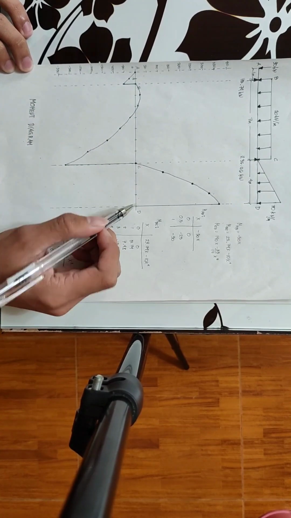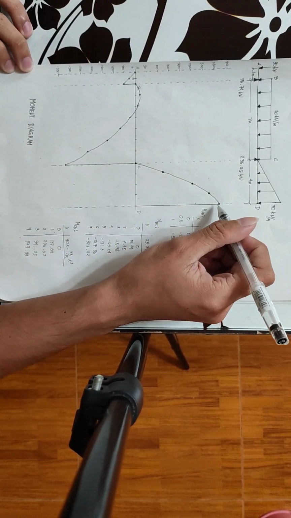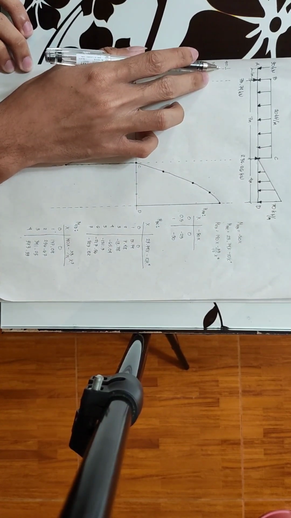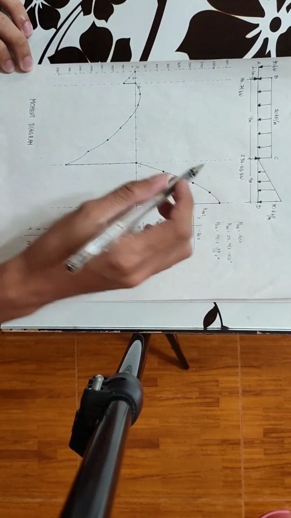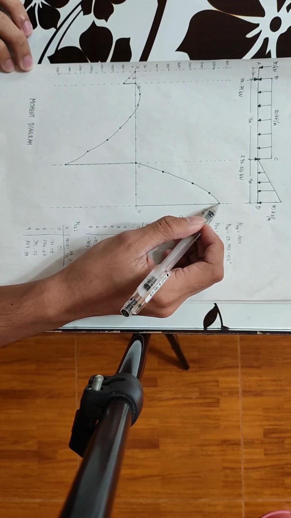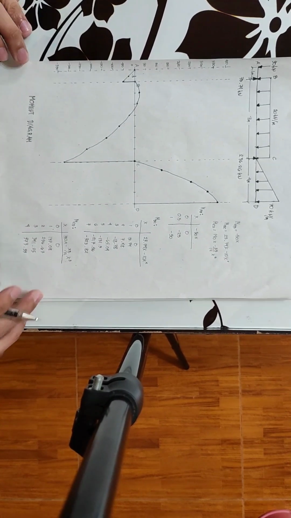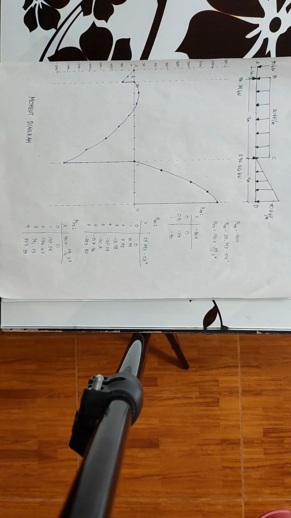So this is 373.33. Lower than 400 is 373. So we have shown it's located here. So this is the moment diagram.